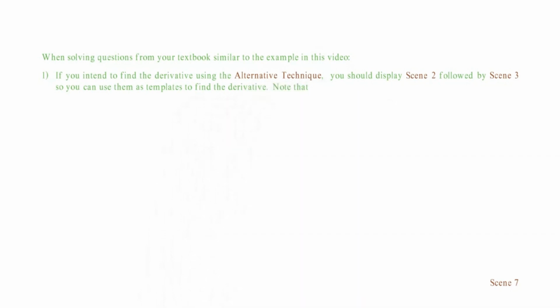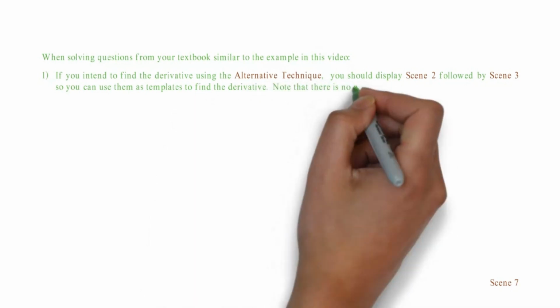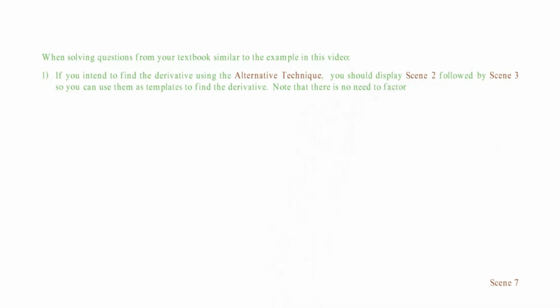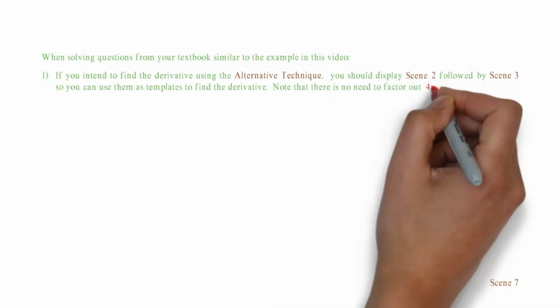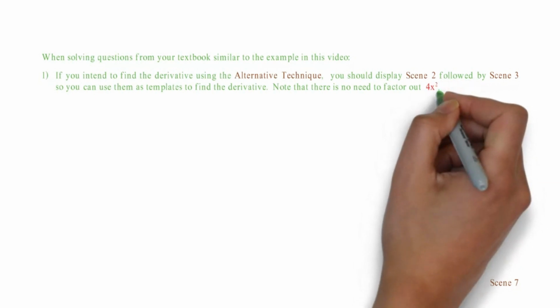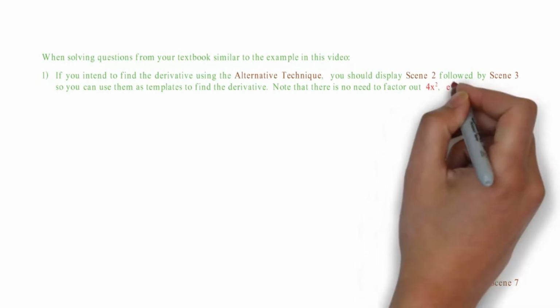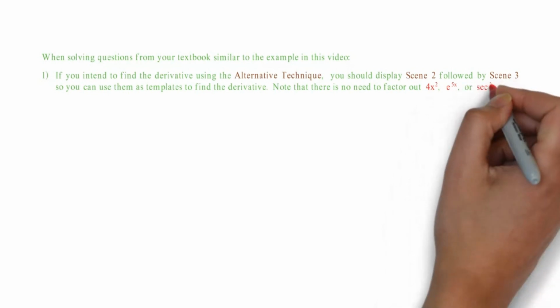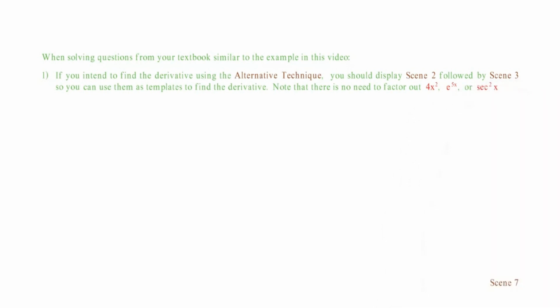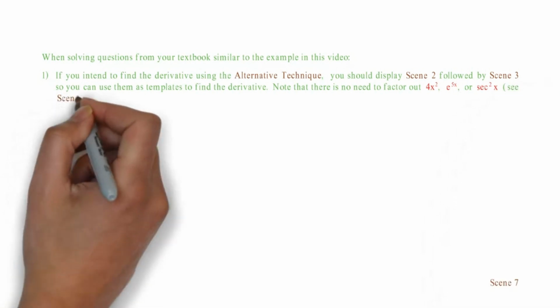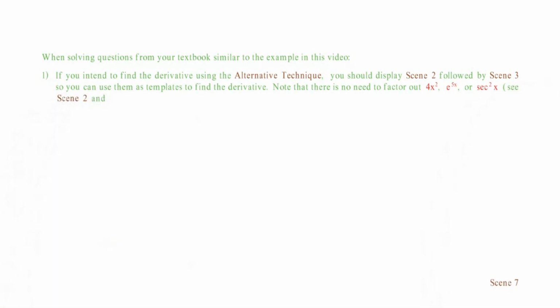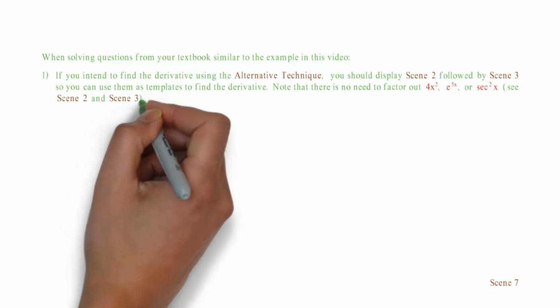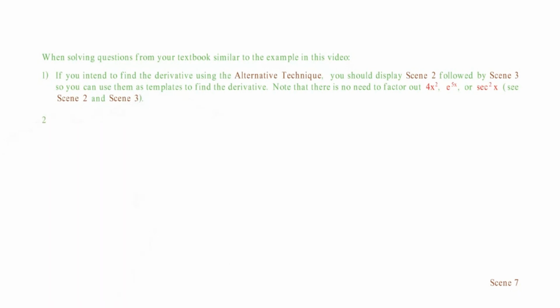Note that there is no need to factor out 4x squared e to the 5x or sec squared of x. See scene 2 and scene 3. 2.